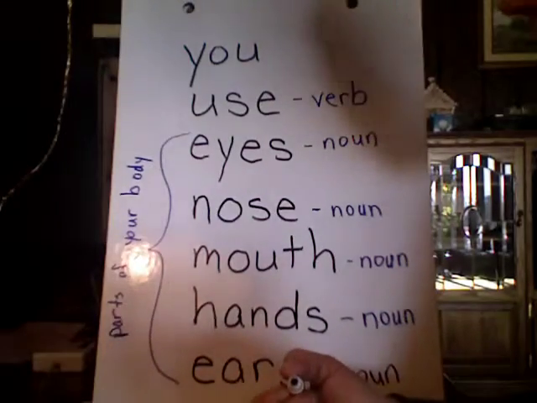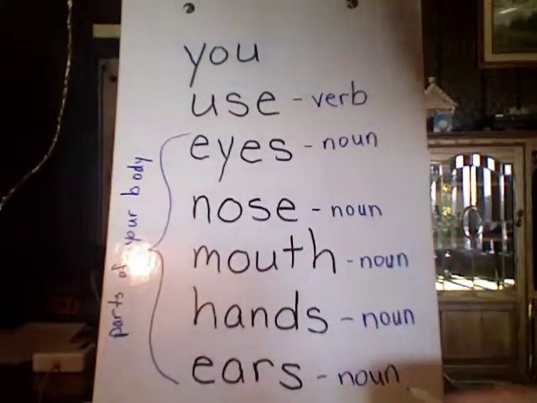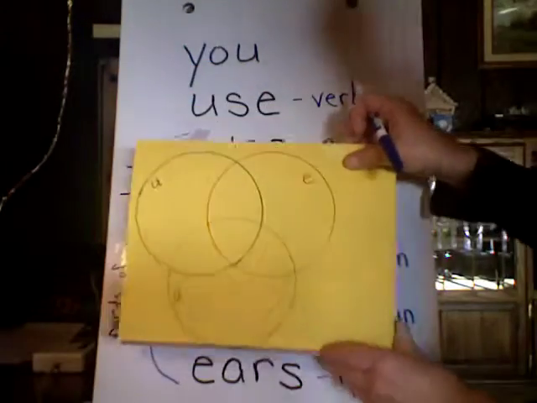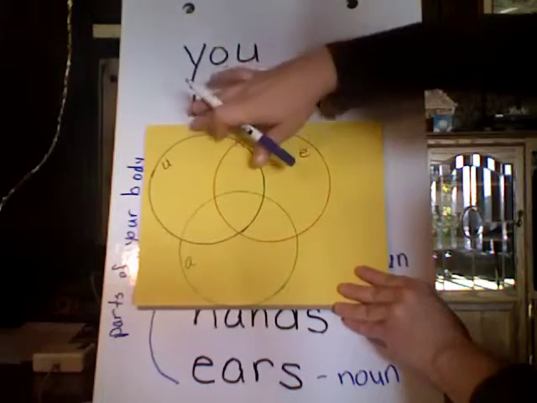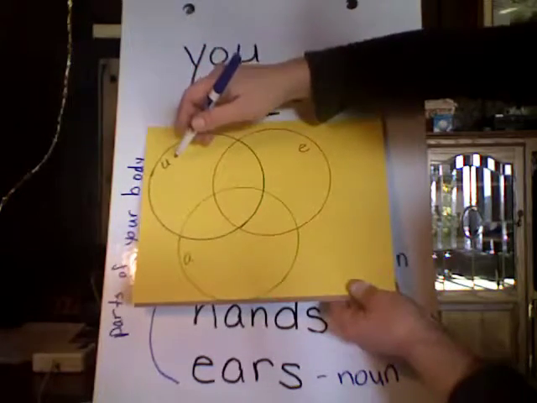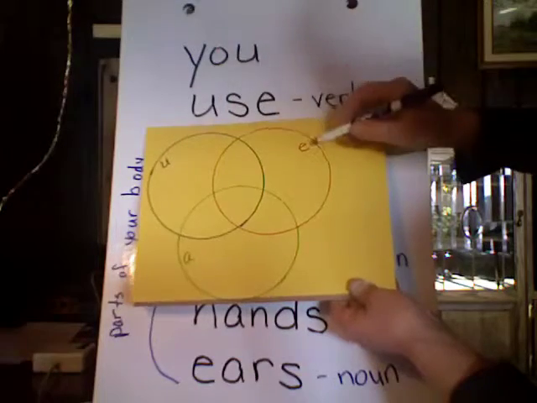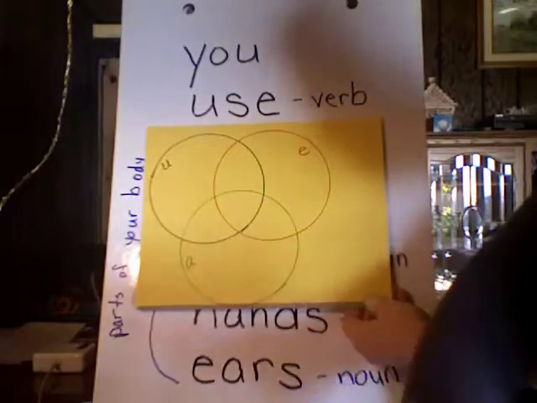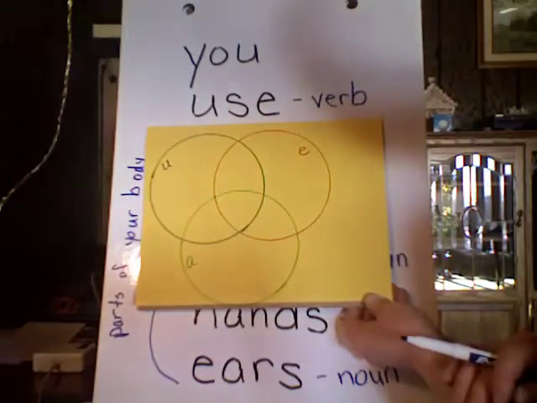Okay, I wanted to go through real quick and sort these words out. Some of these words have a U in them, some have an E in them, and some have an A, and some have more than one of those letters.